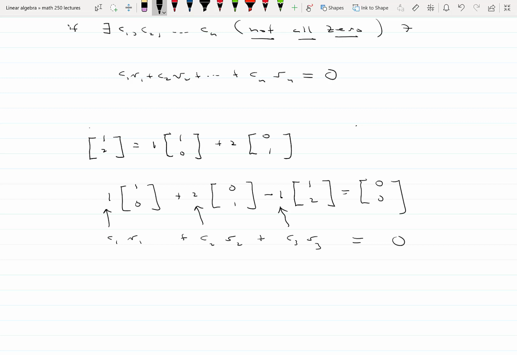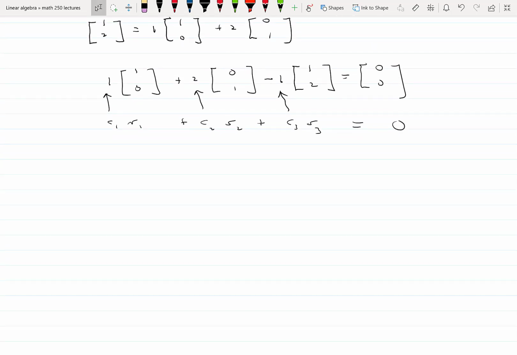All right. So if a set is not linearly dependent, then the set is called linearly independent. So we have a closely related concept to the concept of linear dependence. It's called linear independence.